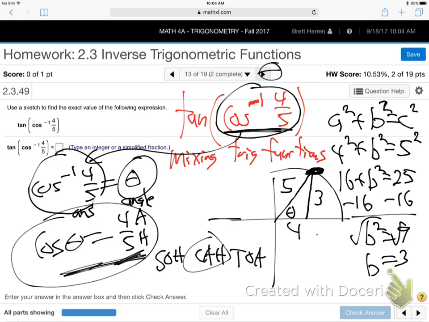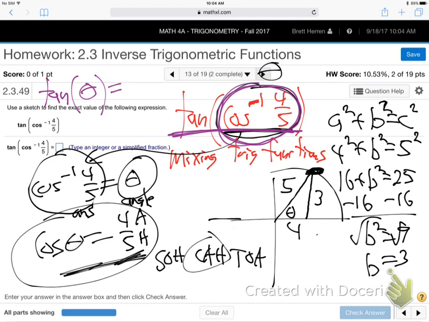You call this whole thing theta, and you say, well, cosine of theta is 4/5. Then you make that in the triangle. Cosine of theta, adjacent over hypotenuse, 4/5. Do the Pythagorean, 3, 4, 5. Okay, so what? Now the whole question becomes, bring it up here. Look at this now. What does this say? Tangent of what? What did I call all of this?